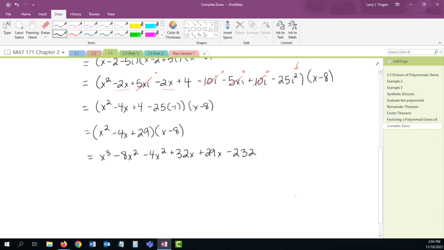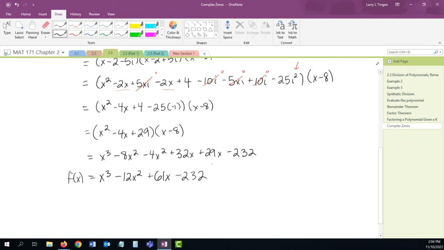All right, combine like terms, wherever they may be. There you are. x cubed, negative 8x squared minus 4 more, it's negative 12x squared. 32x plus 29x, 61x, and then minus 232 is just minus 232.